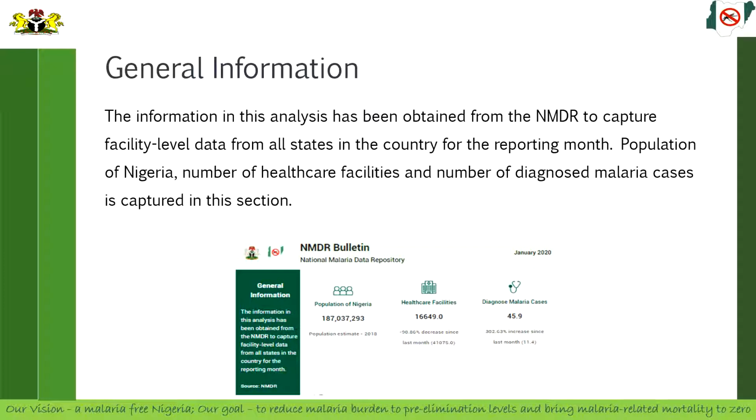The population of the country is gotten from the National Population Commission, NPC, but at least we are using the 2018 estimates. However, there is also the healthcare facility count and also diagnosed malaria cases. These last two that I just mentioned are actually generated from the NMDR.